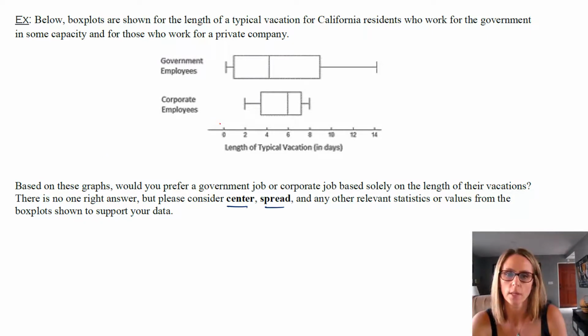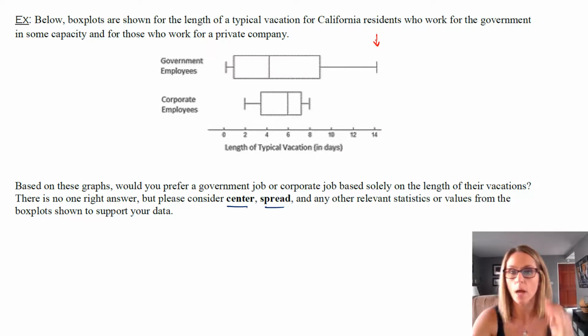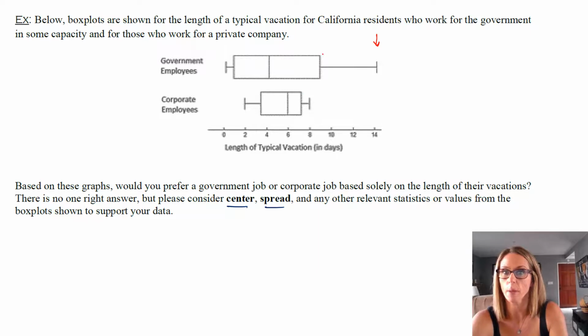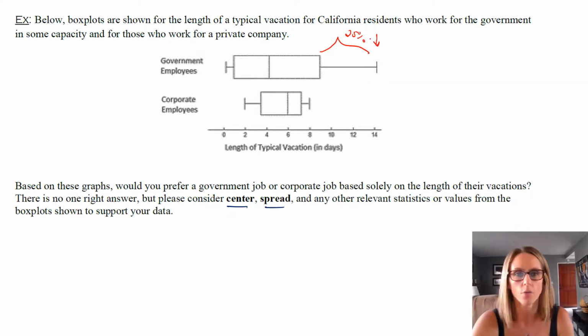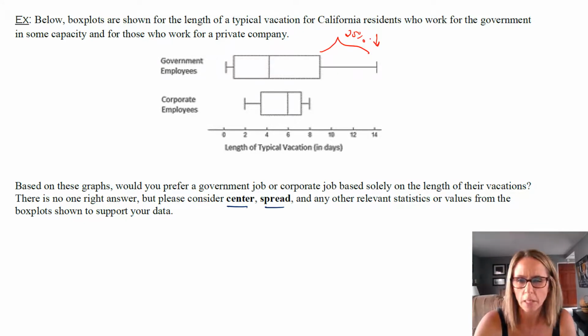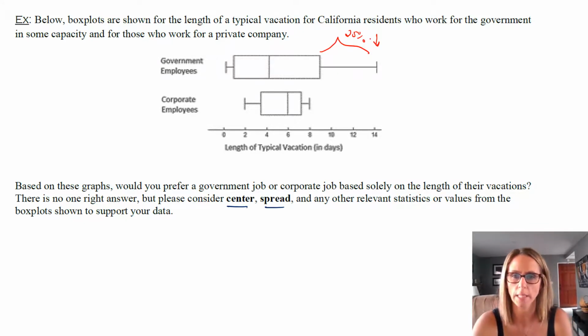So when students look at this, they often notice that, hey, there's some aspect of governmental employees that have a maximum there of 14 days of vacation. But you want to understand that 25% of the governmental employees have between, say, 9 and 14 days of vacation.